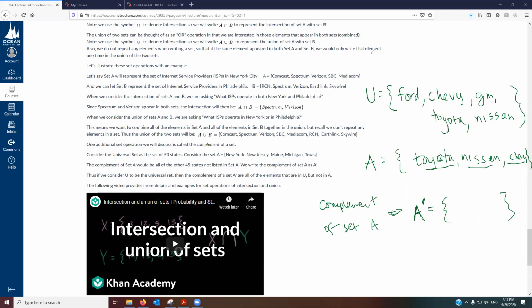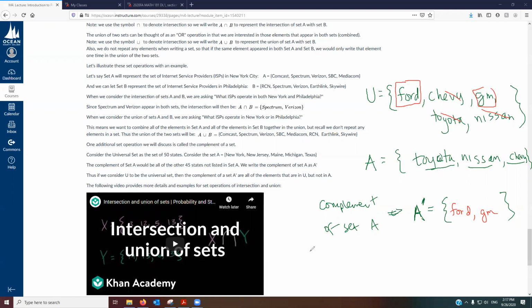Well, to answer that, you really have to go back to the universal set to see that. I know Toyota is in set A, Nissan is in set A, and Chevy is in set A. So the only other elements that are not in set A are Ford and GM. So I'm going to put Ford and GM here. So to find the complement of a set, you look for the elements that are not in set A, but you really need to look at the universal set to know that.